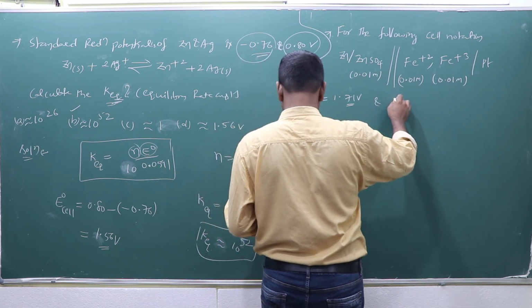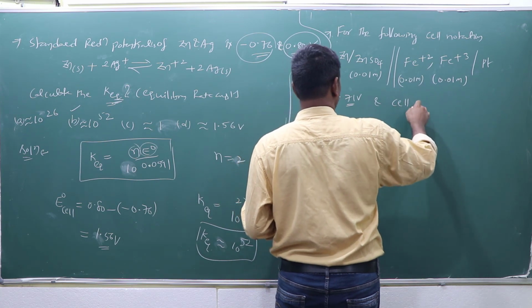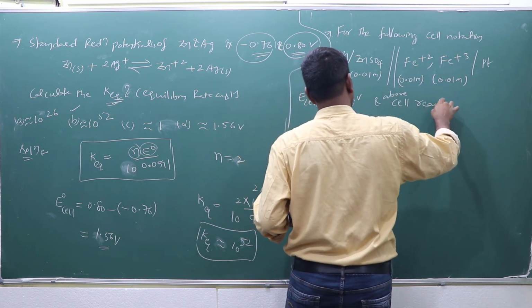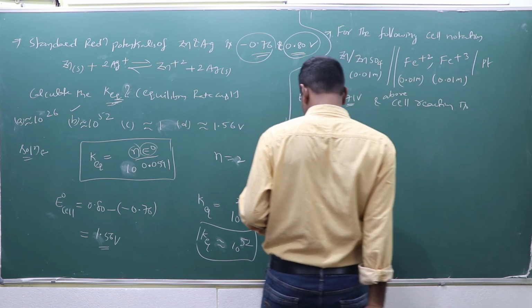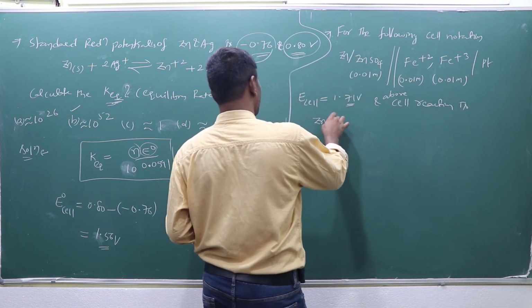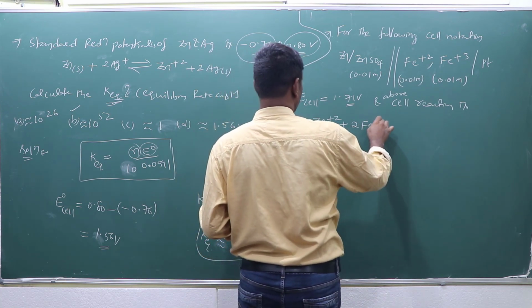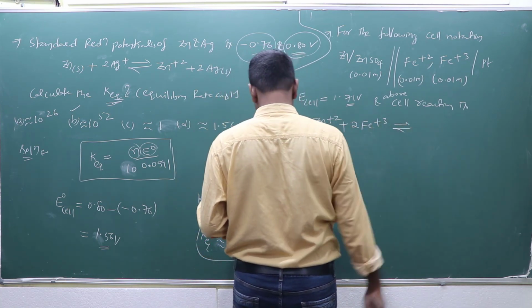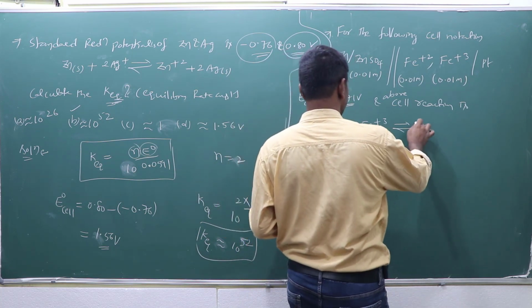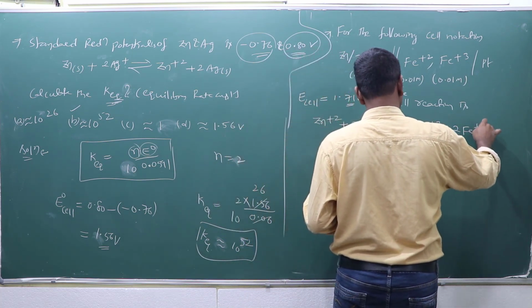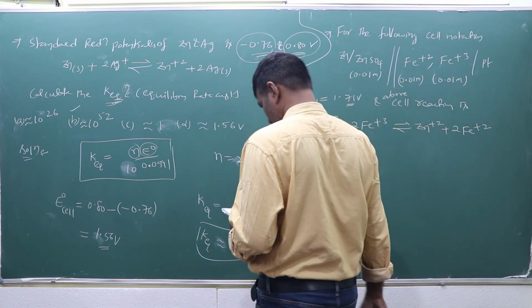And the cell reaction for the above cell is zinc plus 2 equivalents of Fe plus 3 is in equilibrium with zinc plus 2 plus 2 equivalents of Fe plus 2.